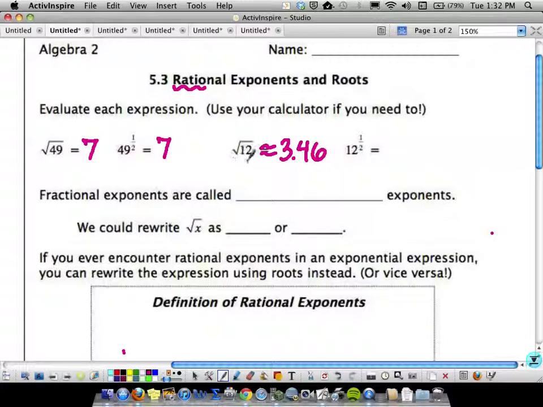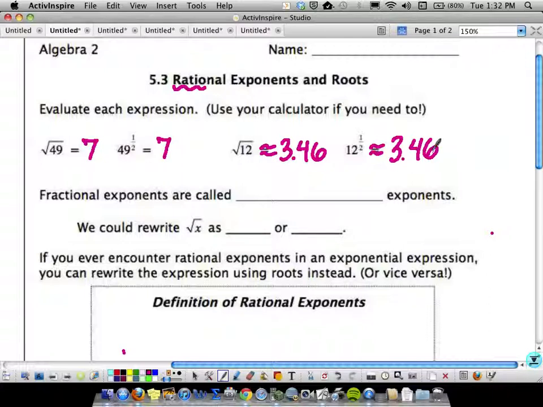So the square root of 12 is about 3.46, and 12 raised to the 1/2 power is about 3.46. So what we're observing here again is that taking the square root of a number is the same thing as raising it to the 1/2 power. It's just two different ways of writing the same idea.